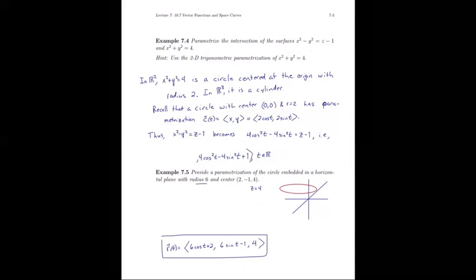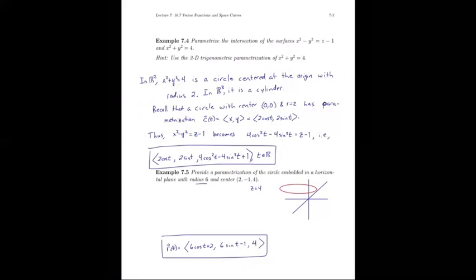That was 2 sine of t, and x is 2 cosine of t. And that's our full parametrization of the curve of intersection of these two surfaces. And we make a note that t takes on any real number in R.